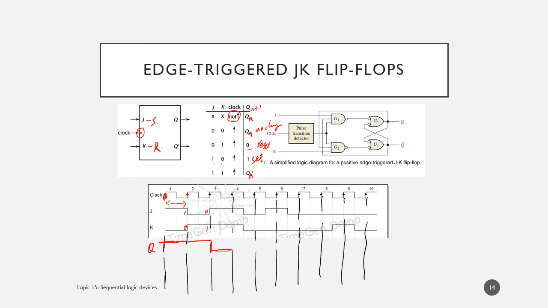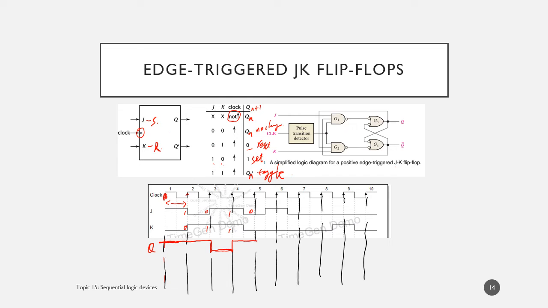Then it keeps 0 until the next edge. Then we got 1, 1. 1, 1 means flip, or a more official word, toggle. It just means the value is always different from its previous value. Because right now it's 0, at this edge it will change to 1.